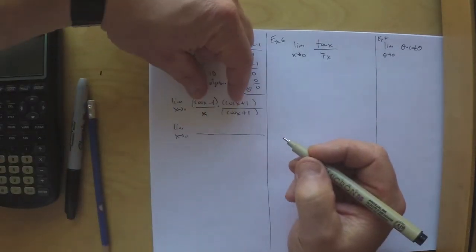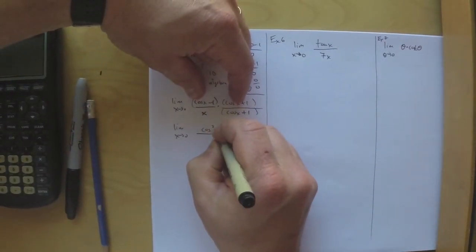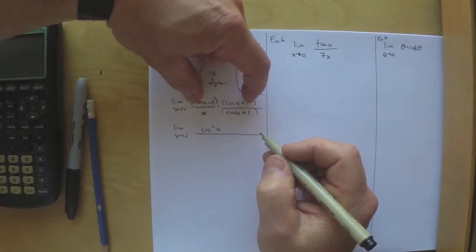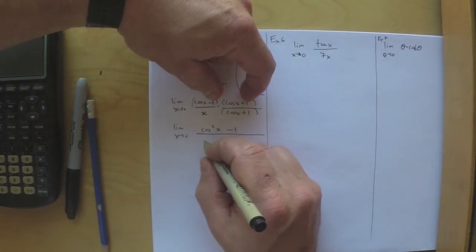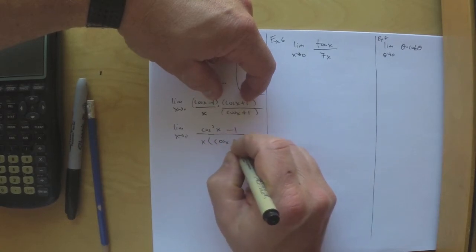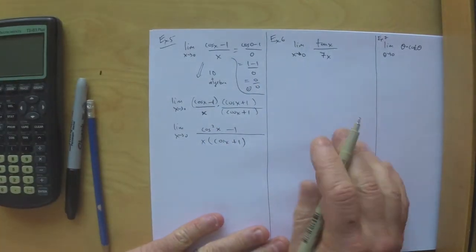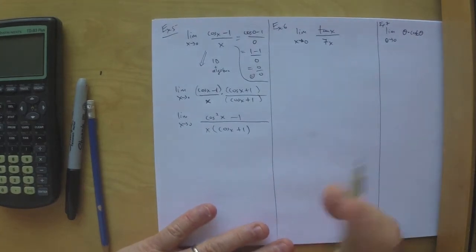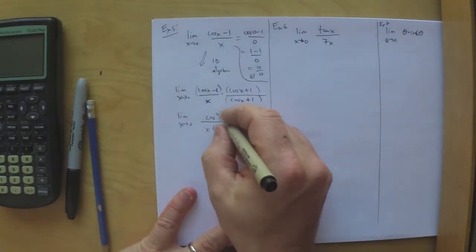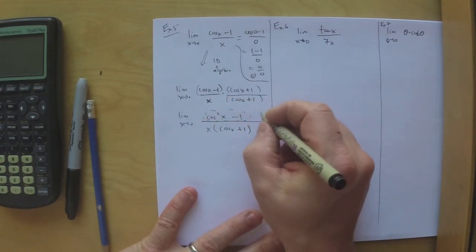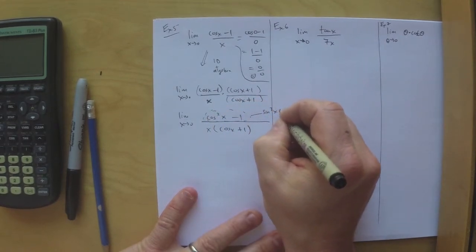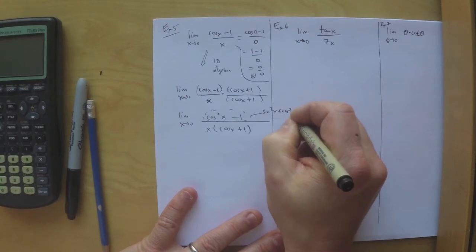So my numerator becomes cos squared. There's a plus cos and a minus cos that cancels out with the conjugate, minus 1, all over x times cos x plus 1. Now the reason I did that was a hope of something happening. Remember from pre-calc 12 that you know that sine squared plus cos squared equals 1 on your trig identity sheet.